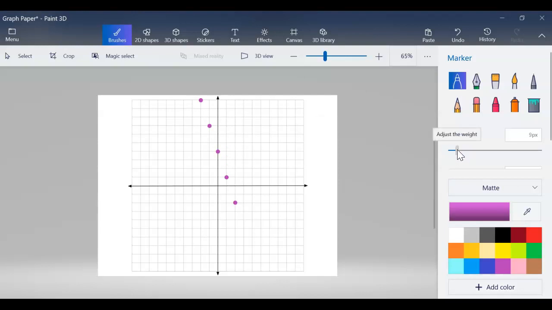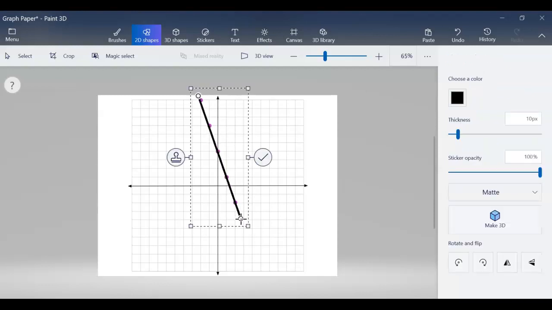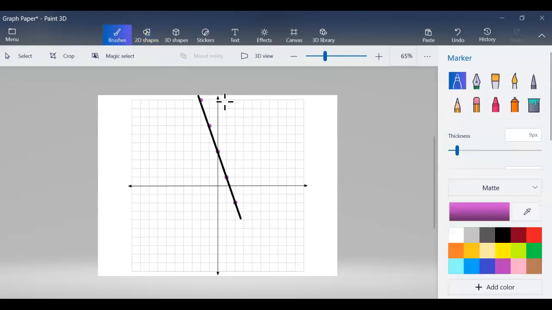And now I can just draw the line and let's see if I have a straight line. I don't think I do have a straight line. So I could draw something like this. That's that line. Good.